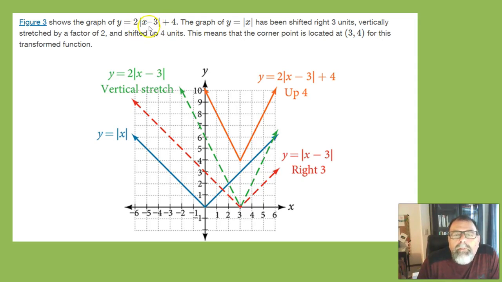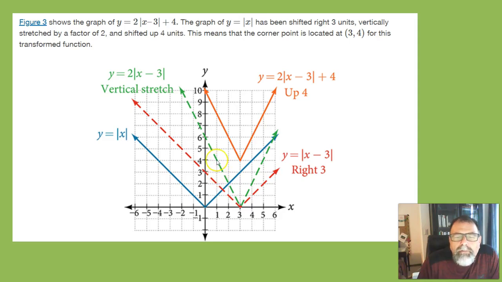So they're going to start with the horizontal shift, shift it to the right 3. So that's the red dotted one. Then we do the vertical stretch of 2. So that's the green one. So here it's at 1, 1 times the y value. Look at the y value: 1 times 2 is 2. And then here on the red one, it's 1, 2. You're going to take the y value times 2.